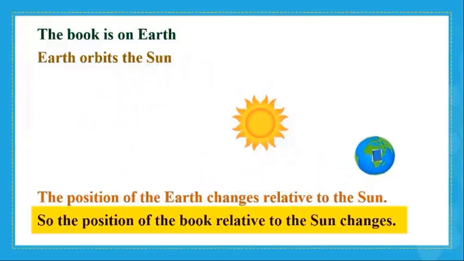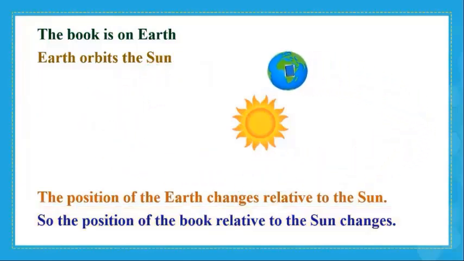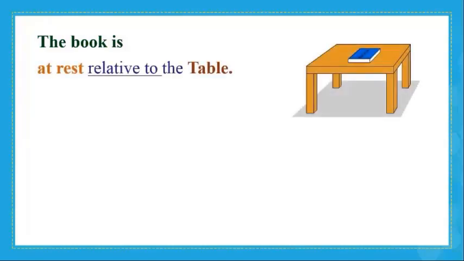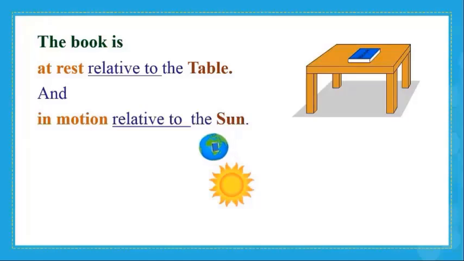That's why it is in motion relative to the sun. As a conclusion, the book is at rest and in motion at the same time. At rest relative to one reference, which is the table, and in motion relative to another reference, which is the sun.